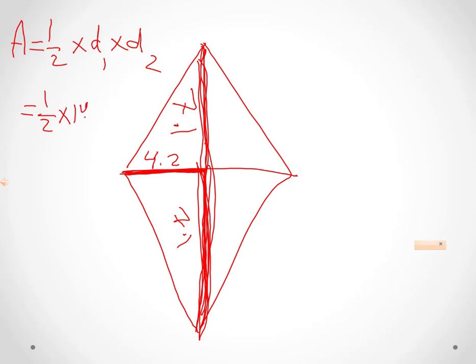We get 14.2 times the length of this diagonal. The length of this diagonal is 4.2 plus 4.2 or 4.2 times 2. So the length of the second diagonal equals 8.4. Then we can get the area of the rhombus.